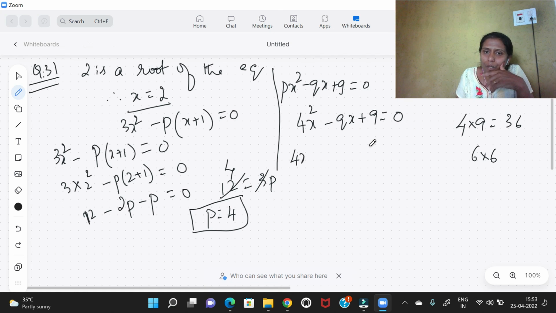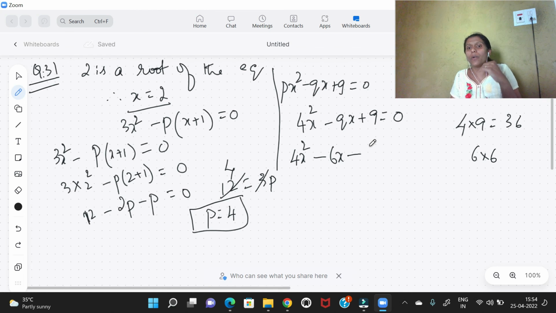So 4x square, right? And they gave the value as minus qx. It means what it is supposed to be? We are going to take the same values.